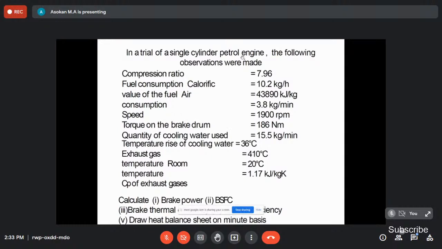The petrol engine, single cylinder, the compression ratio is 1.96. The fuel consumption is 7.2 kg per hour. Calorific value 43,890 kJ/kg. The air consumption 2.8 kg per minute and the speed 1,900 rpm. Torque 186 Nm. The quantity of cooling water is 15.5 kg per minute.